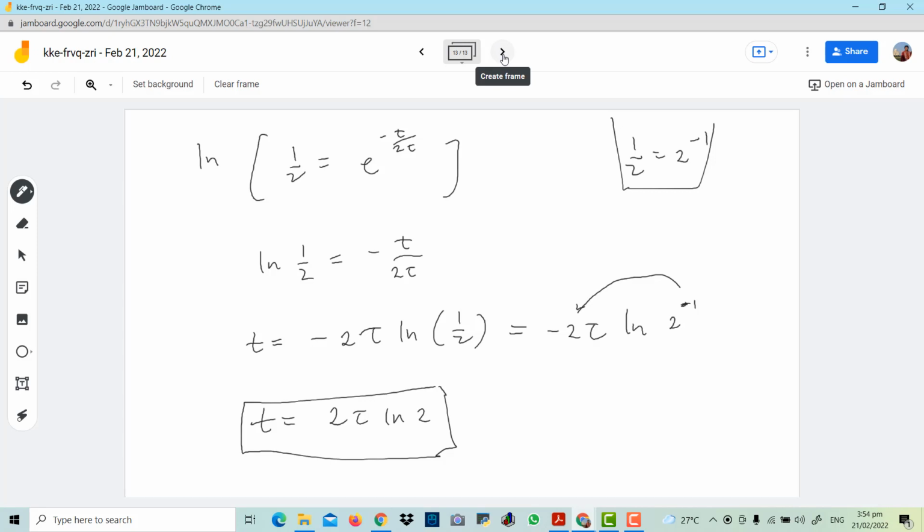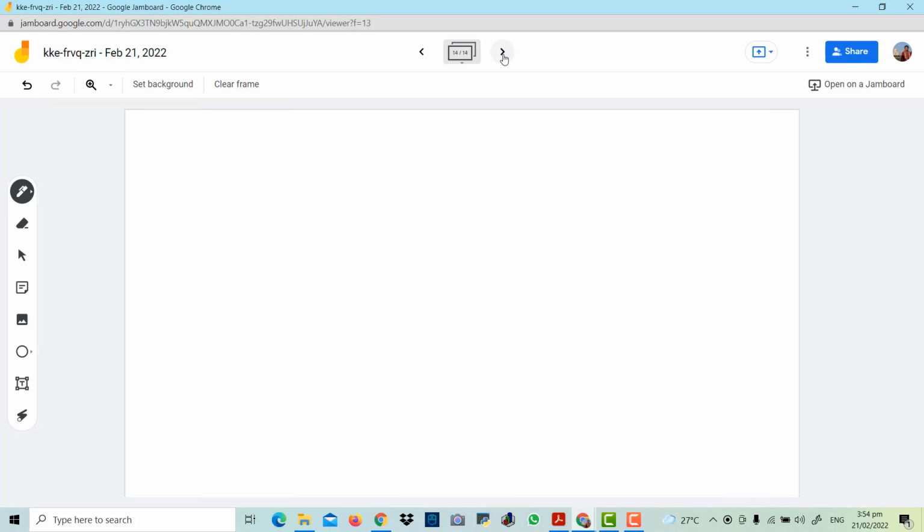Now that I have solved for time t, I can solve for the number of oscillations. Thus, the number of oscillations is given by this.